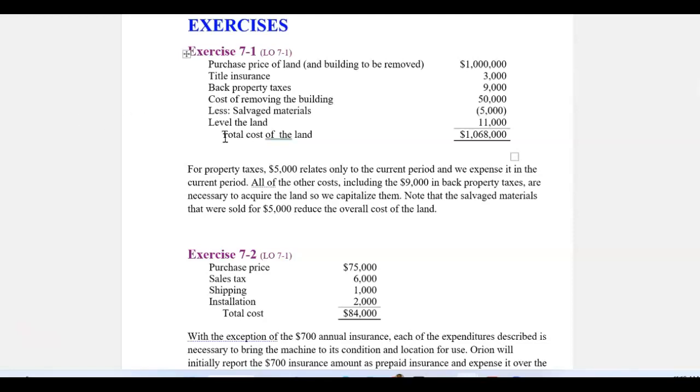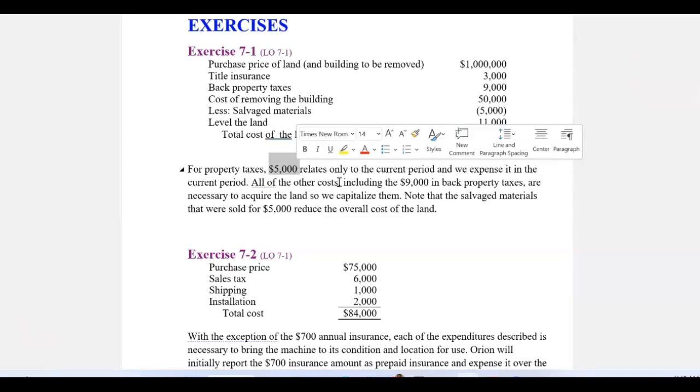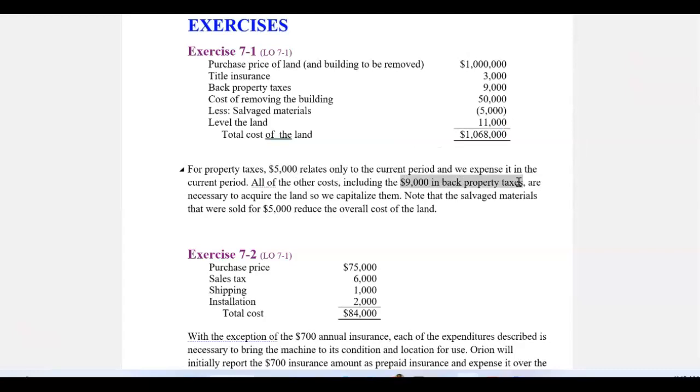The property tax that they pay for the coming months is property tax expense, and it will be expensed immediately in that year. However, the $9,000 back property tax will be added to the cost of land. Okay. So far, so good.